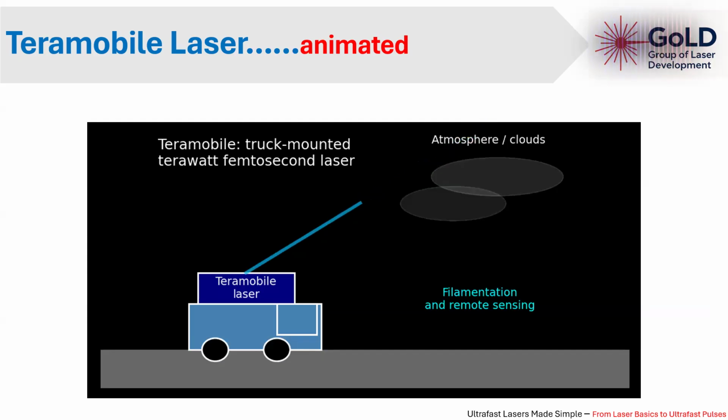It's also called remote sensing using a laser. For this kind of thing, you definitely need a terawatt laser, not a petawatt, because a petawatt laser maybe cannot fit in a container. So these are the major applications.